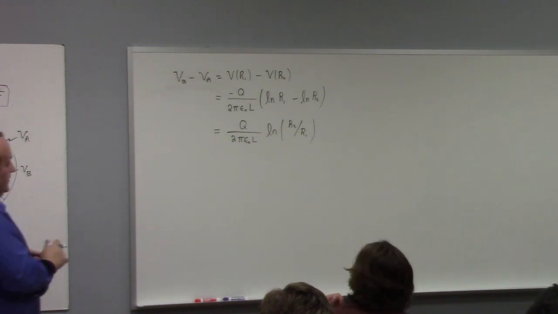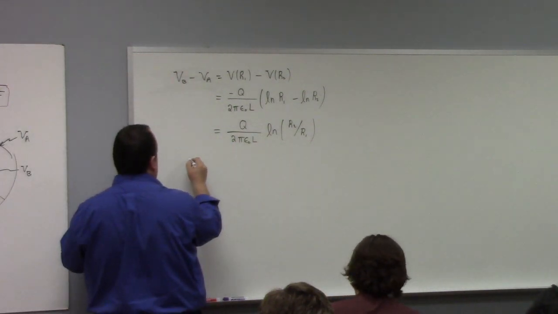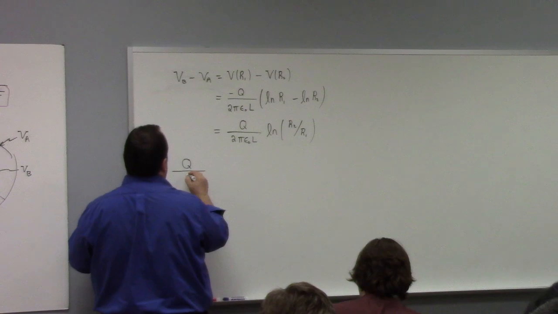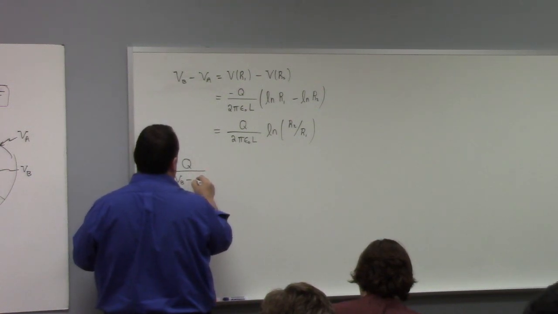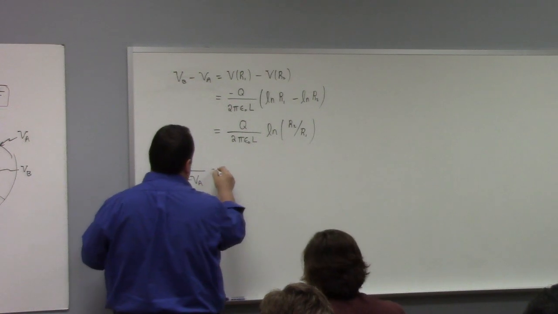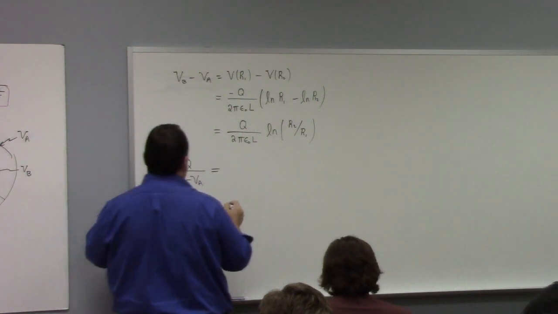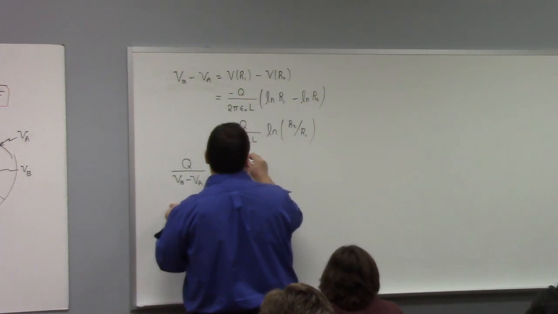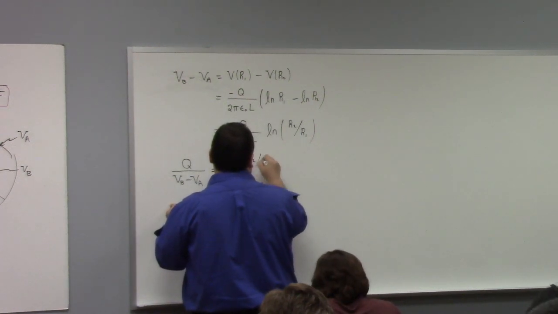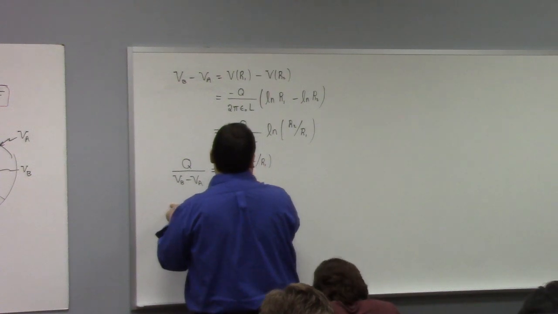Let's put it all together. What we have is charge divided by the change in voltage from the inside to the outside conductor. What's it equal to? It's equal to the natural log of the ratio of the radii.